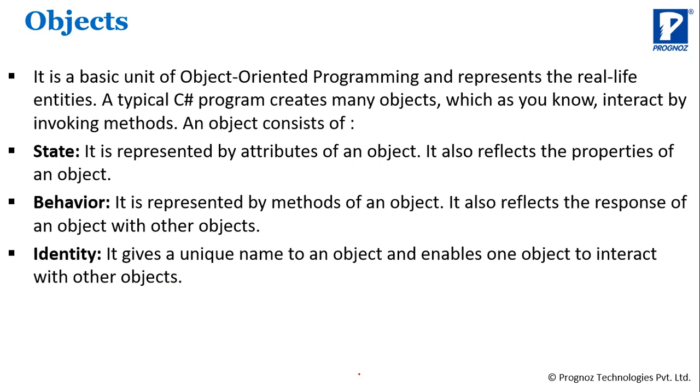The next concept we are discussing is called the object. The object is nothing but an instance of the class. Whenever we create a class, it has objects. Like animal is a class and dog is the object. If you consider a vehicle, a car will be an object, a truck will be an object, or an auto will be an object. So the object is nothing but an instance of a class.